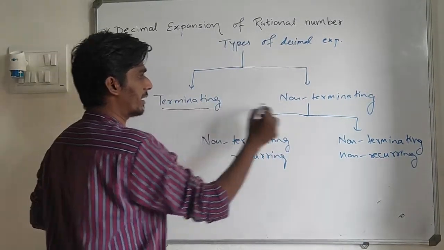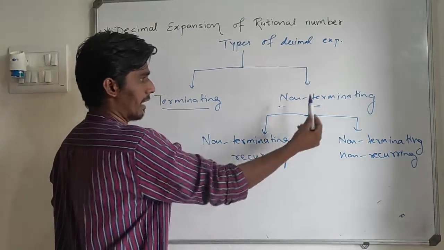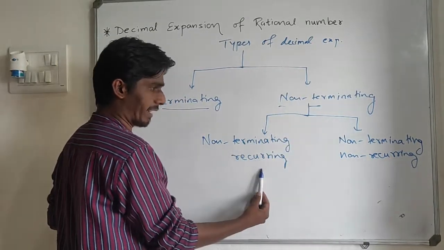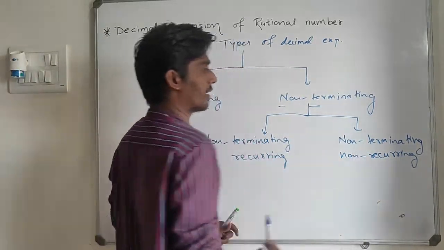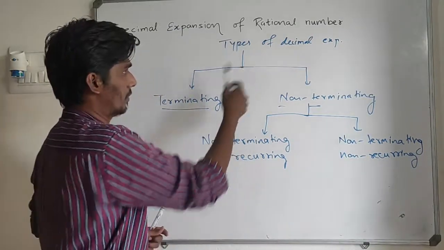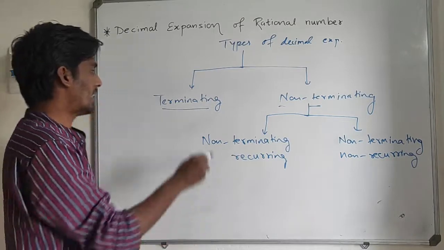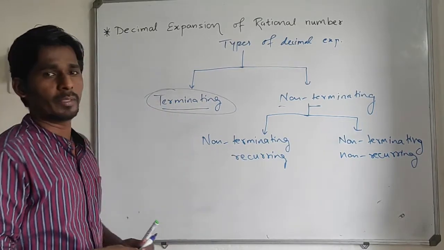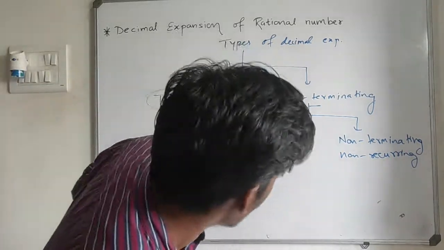So terminating, non-terminating, and in non-terminating, recurring and non-recurring. These are basically the types of decimal expansion. Let's start with the first one, that is terminating decimal.